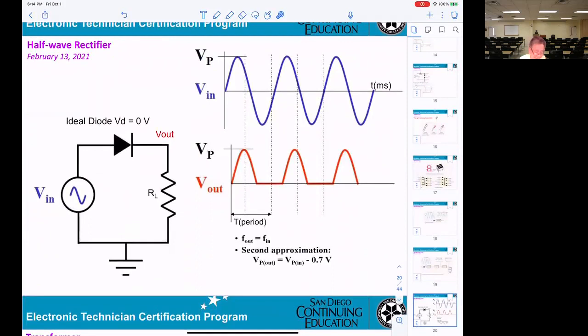Okay. Now, we start with the half-wave. Easy. Half-wave means rectify only positive. You see that? And negative here, 0. Okay? This is a half-wave. When they rectify both sides, positive and negative, it will be a full wave rectifier.